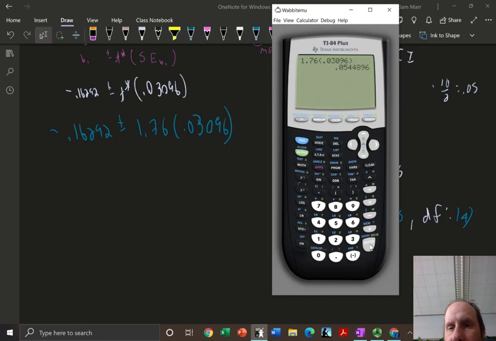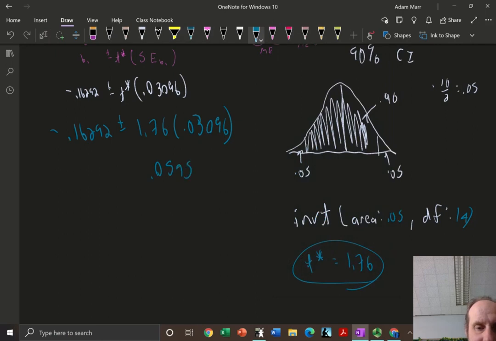There we go. It's 0.0545 rounded. And 0.1629. I'm just going to round it to 4 decimals.